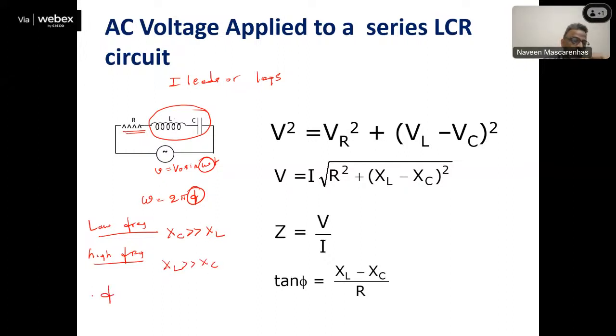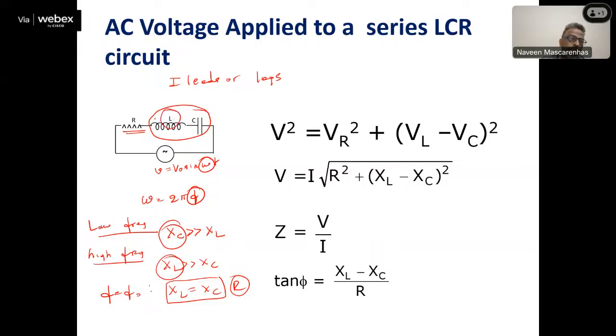But at a particular frequency, f equal to f naught, you must be knowing that XL will be equal to XC. And therefore, they will cancel out and only the resistor dominates. So here the capacitor dominates, here the coil dominates, here the resistor dominates. So that means all have a role to play, resistor, coil and capacitor.